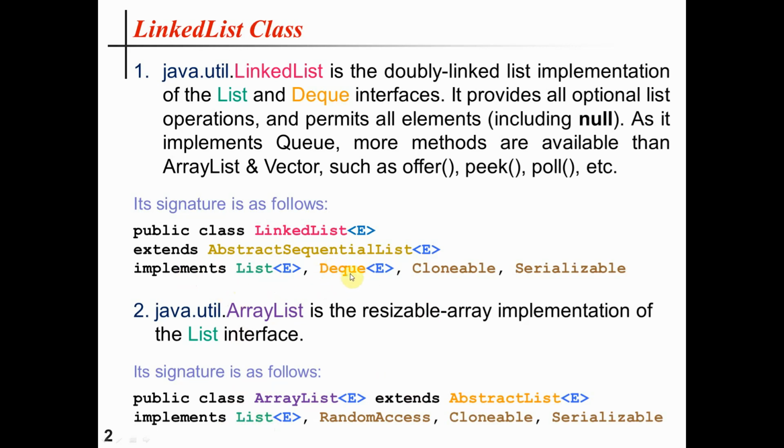So in that sense, apart from Cloneable and Serializable, since it is created from List and Deque, it will have the features of List and Queue both. So that is why we are getting more methods compared to ArrayList. So that is the basic idea about the LinkedList class.